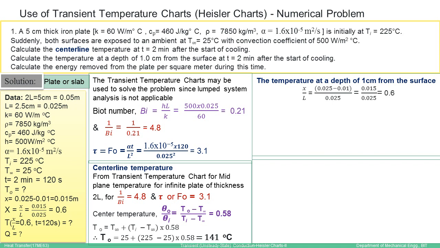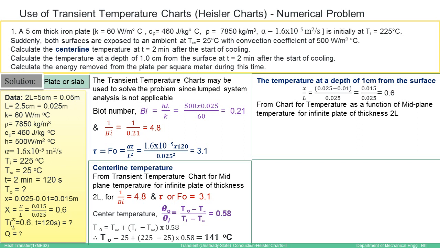Because of that, x will be equal to the length minus the distance from the surface considered where the temperature is to be measured. It is given that 1 centimeter from the surface is to be considered. So x is equal to 0.025 minus 0.01. Because of that, we get x by L as 0.6.